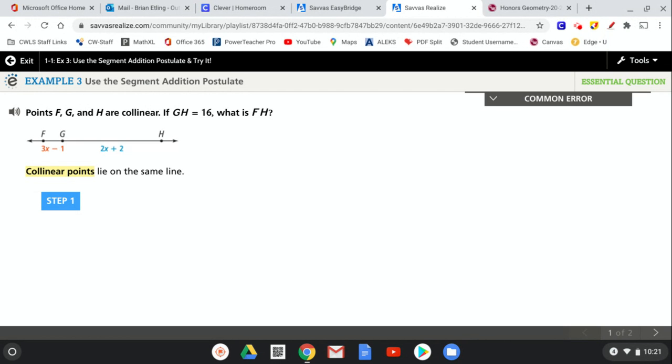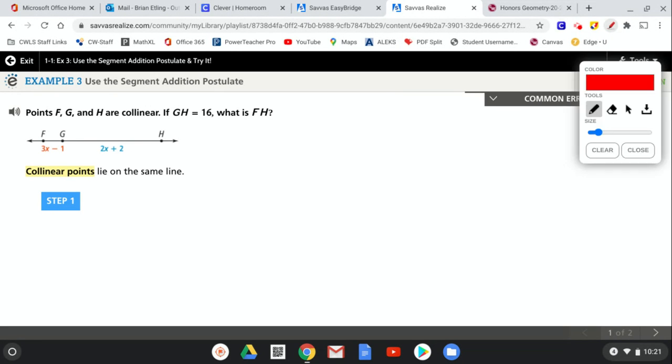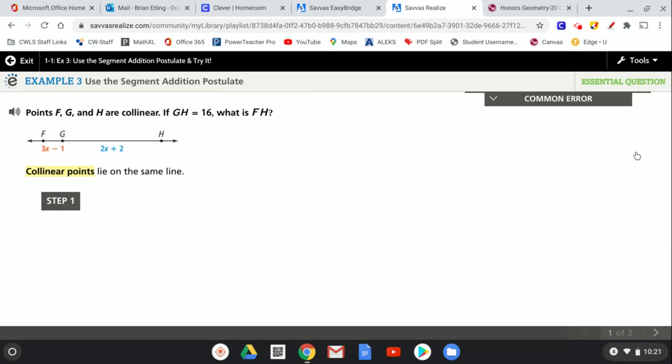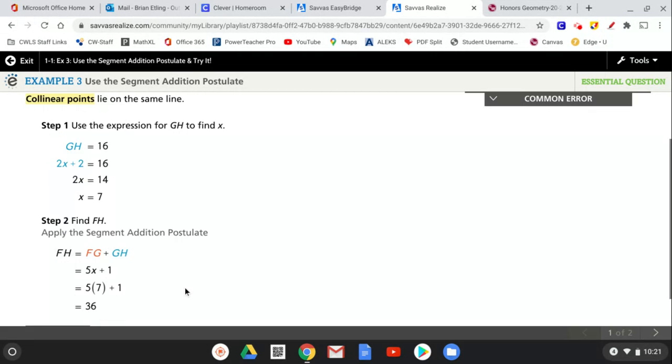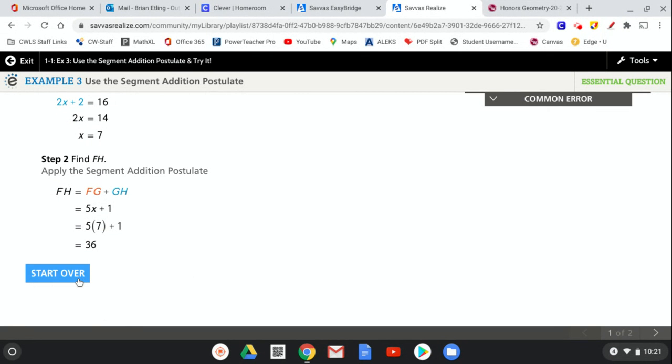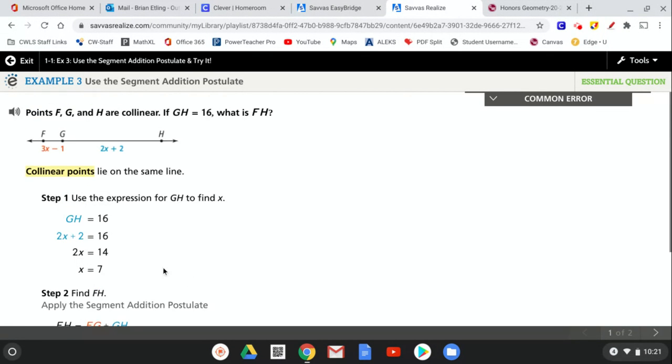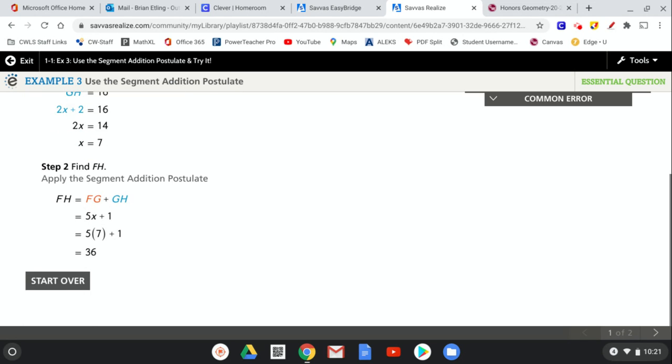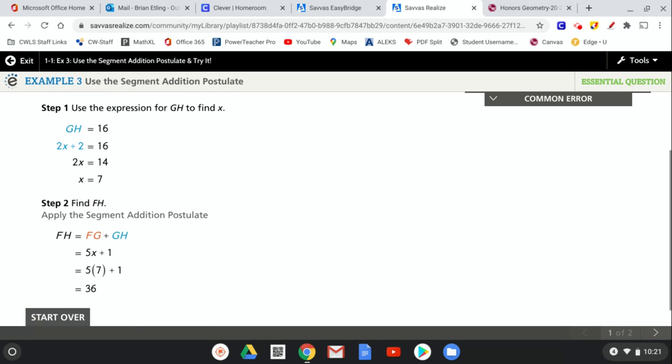Something I kind of glossed over, but that's just another vocab word. Collinear means they're on the same line. So that's step 1, and then it takes you through x equals 7, and that's where they're getting the 36, the 20 plus 16. So we are all good to go here.